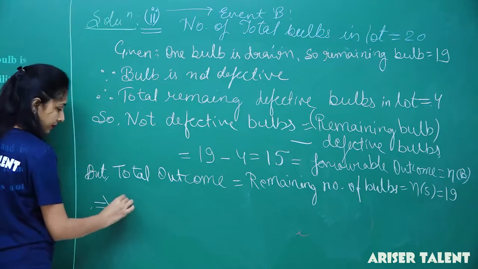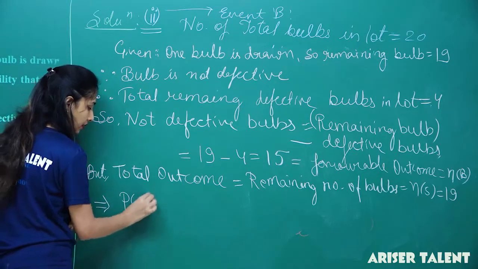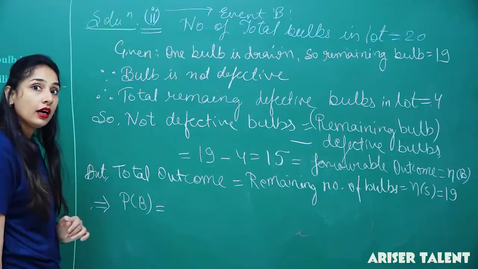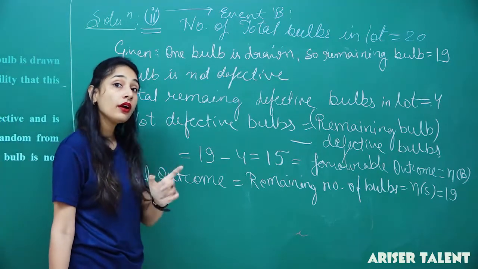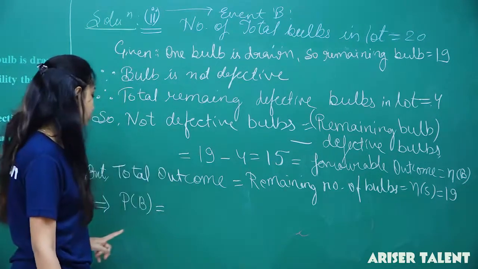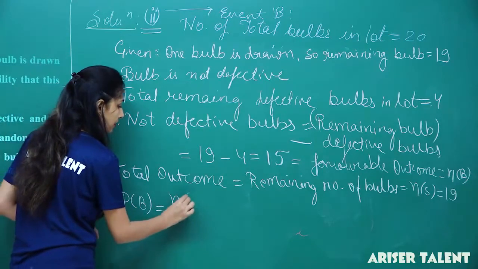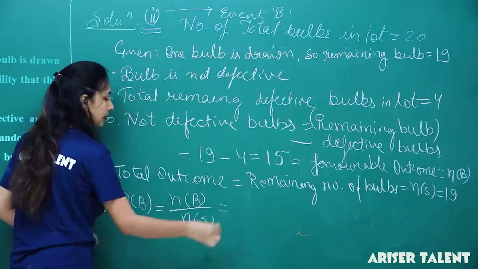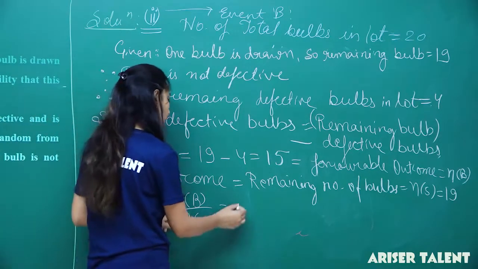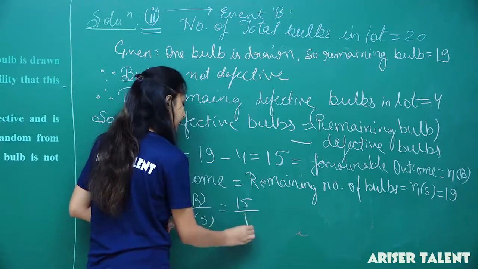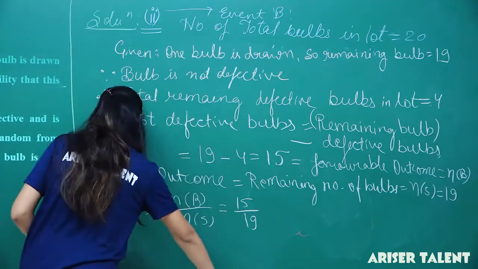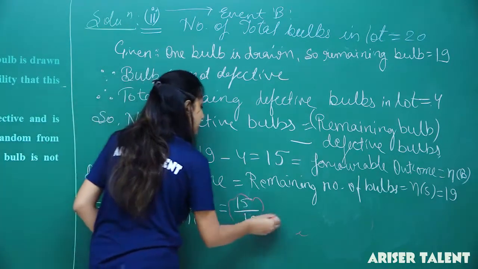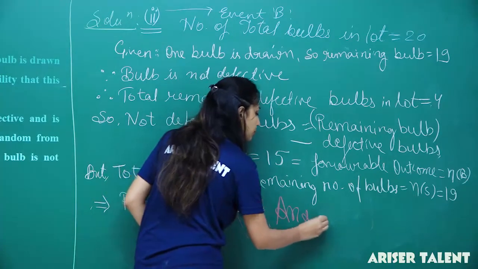Implies that P(B), or probability of getting a non-defective bulb, is equal to NB upon NS, and in this case NB is equal to 15 here and NS equals 19 here. So students, this is your answer number 2, right?